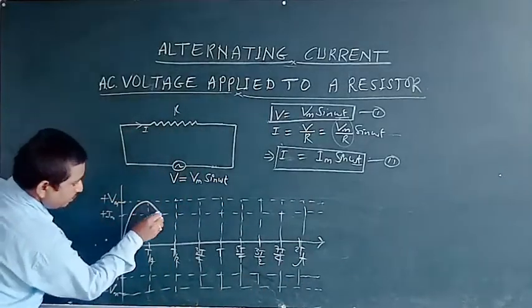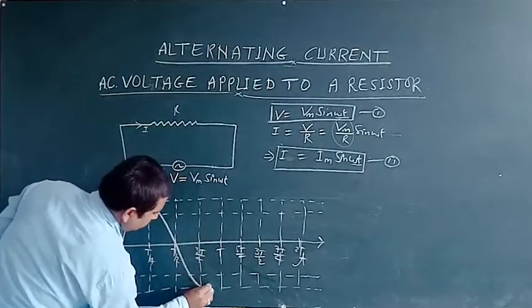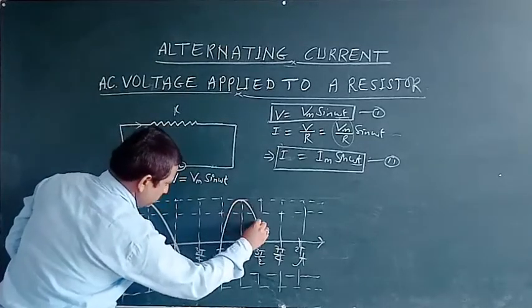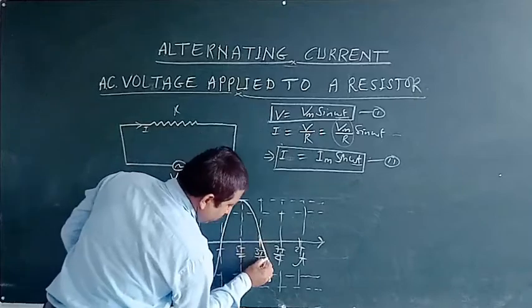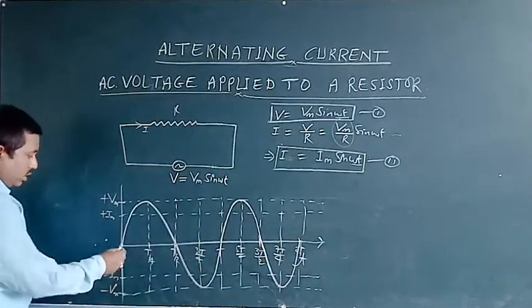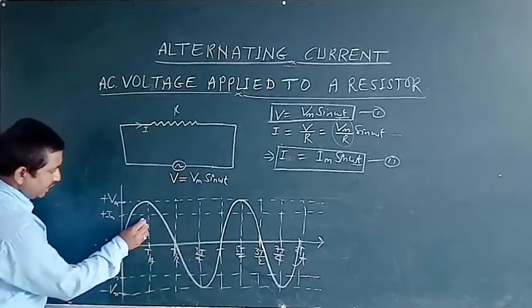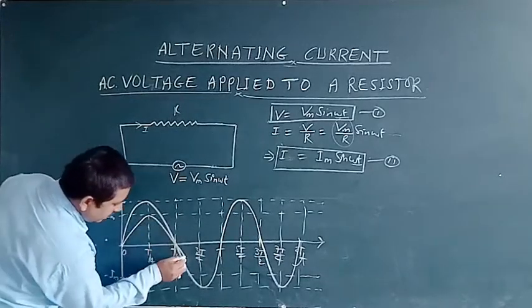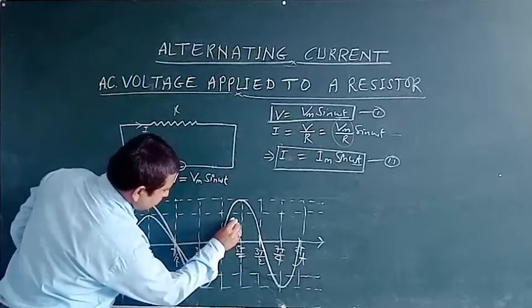This is for potential. The potential varies its polarity continuously. Also if you plot the graph for the current, then this is the graph for the current.